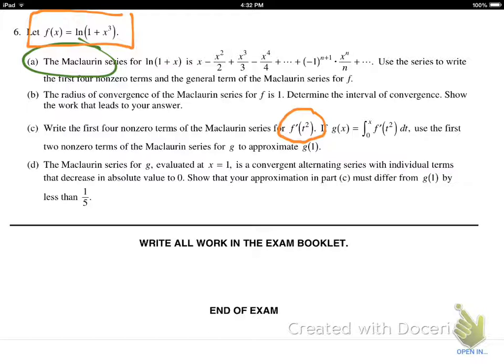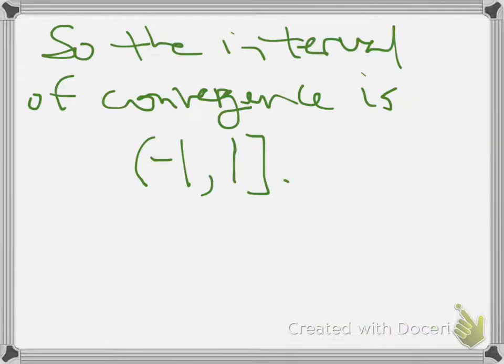So we're going to take the derivative of its infinite series, term by term, and then we will substitute in t squared, term by term, to get the Maclaurin series for f prime of t squared. And then for g of x, we'll integrate term by term and work this part out. We'll get to that in a moment. So several things that we need to do. All right, let's get to the page.